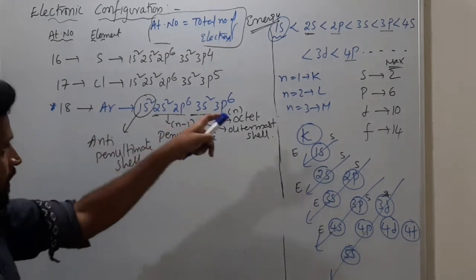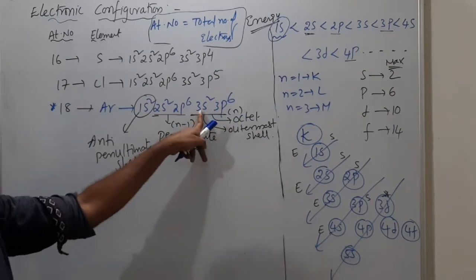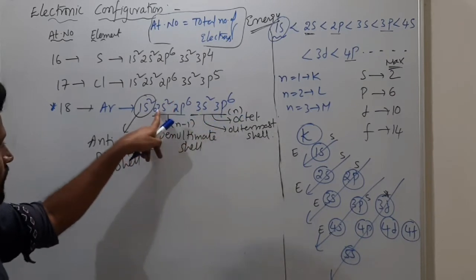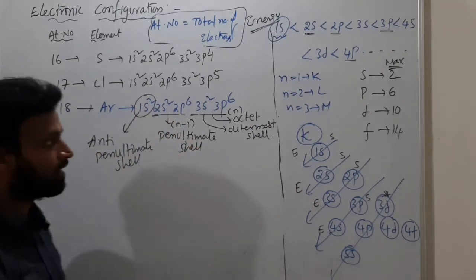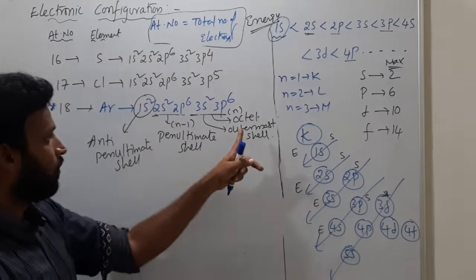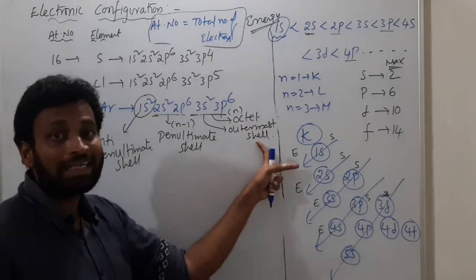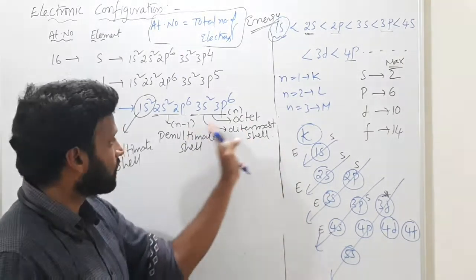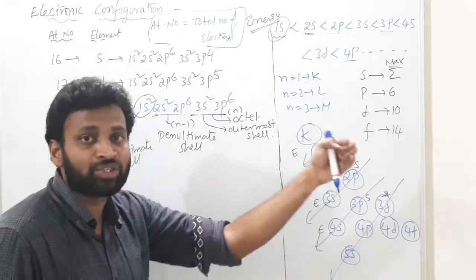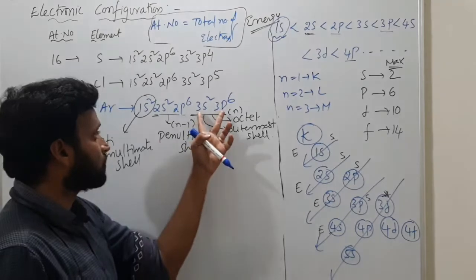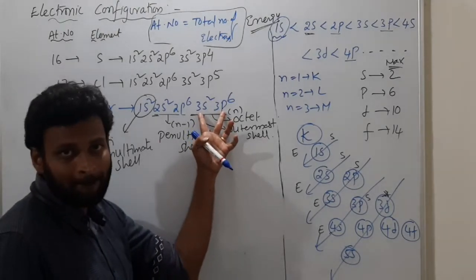Remember all these things. The highest n is 3, so 3 minus 1, 2 is the penultimate shell, and the remaining are anti-penultimate shells. Remember only two. One is the outermost shell or ultimate. Ultimate means outermost. The last shell in which the last electron enters is called the outermost shell.